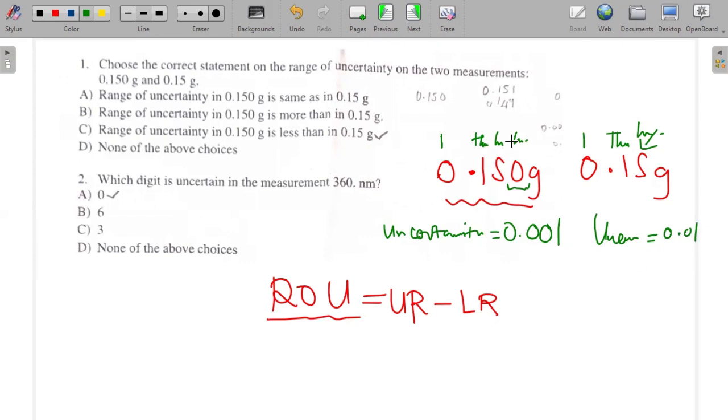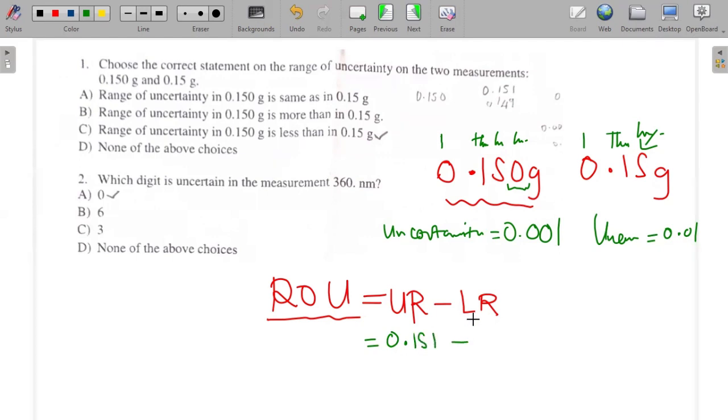Now let's find the range of uncertainty here, starting with the upper reading. The upper reading will be whatever we have here plus this. If I add 0.150 plus 0.001, my upper reading will be 0.151.